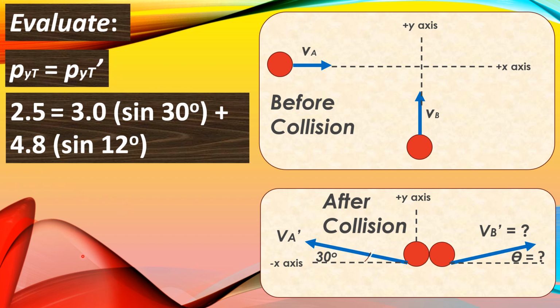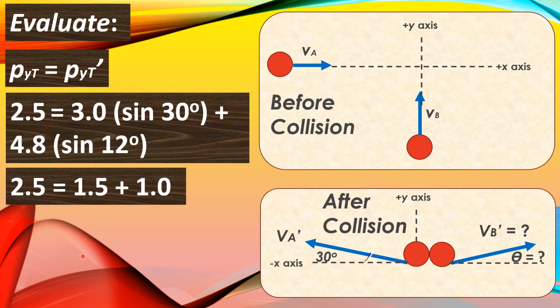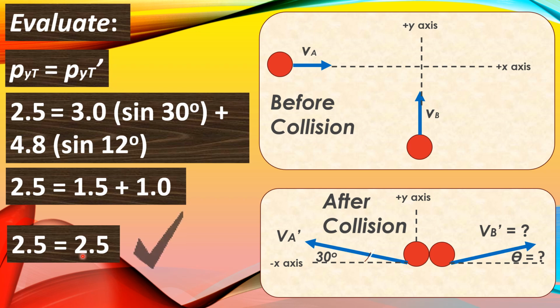And simplifying, we see that the initial total y component of the momentum, which is 2.5, is also equal to the final total y component of the momentum for the two particles. So, the law of conservation of momentum is also satisfied as far as the y components of the momenta of the two particles are concerned.